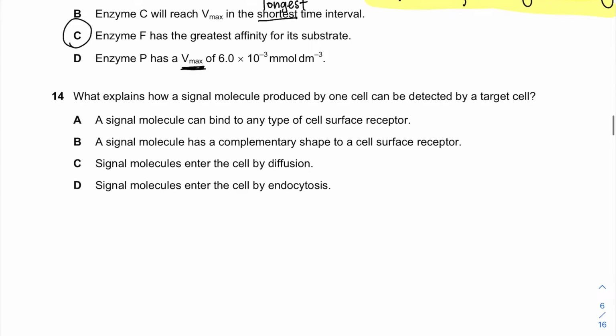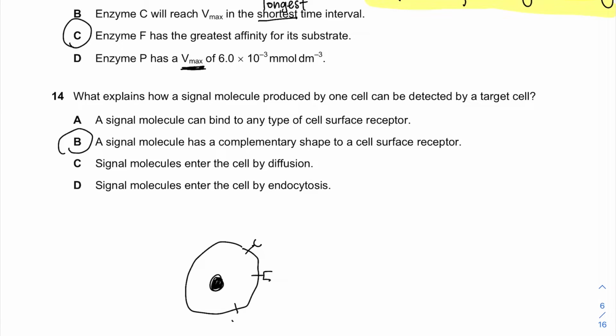Okay, question 14. What explains how a signal molecule produced by one cell can be detected by a target cell? So your answer here for number 14 would be B, because the signal molecule always will have a complementary shape to the cell surface receptor. So every cell would have a cell surface receptor.